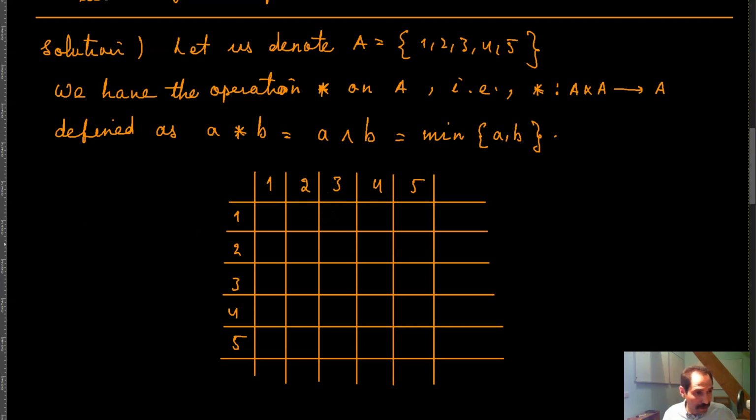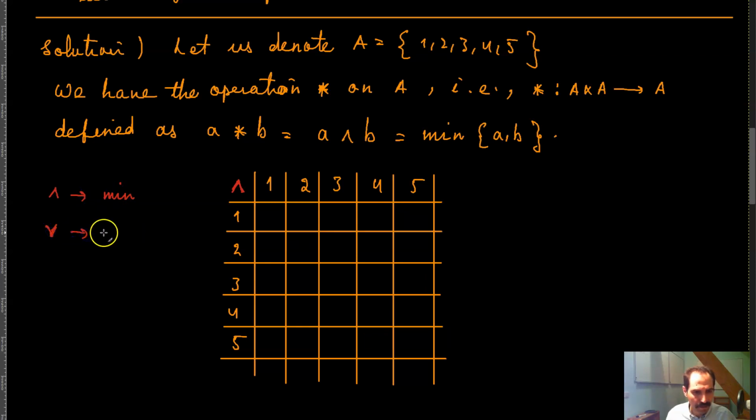Which is not that important for now. What is important is that here you have the binary operation minimum, and this is minimum and this is maximum.